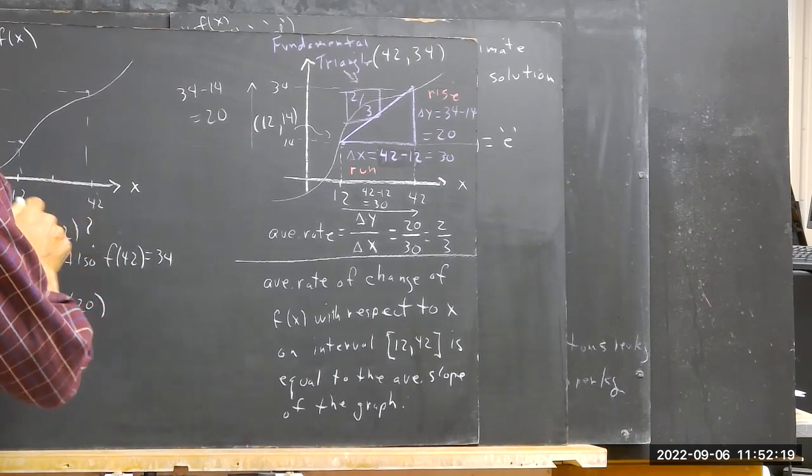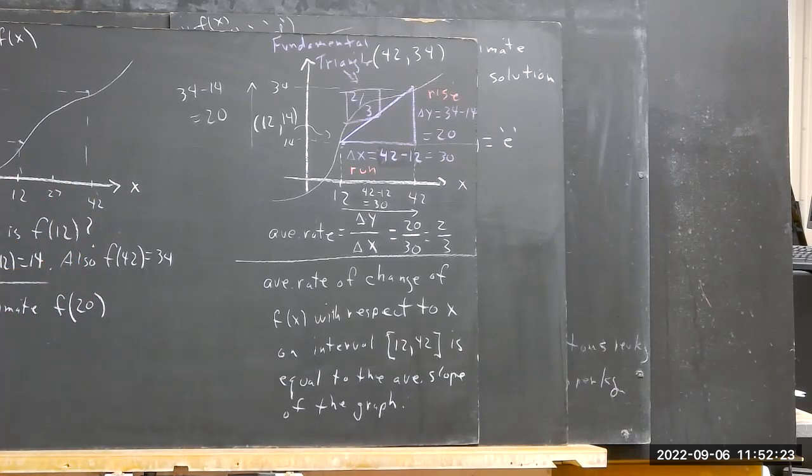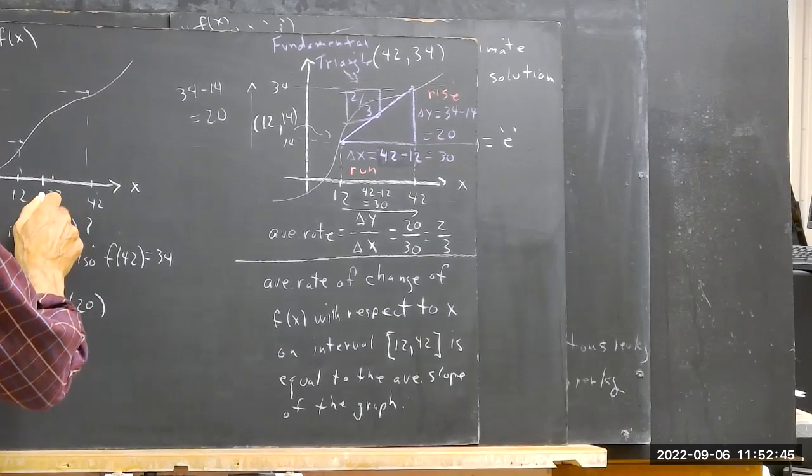Average these two numbers, I get 27, and that's halfway between. Or you can do this any way you want. You could subdivide 42. You can put some kind of scale in this graph. I don't really care where you put 20 in this case, but I want to see how you estimate the value. So I'm just going to put 27 there. I'm going to say 20 is right about here.